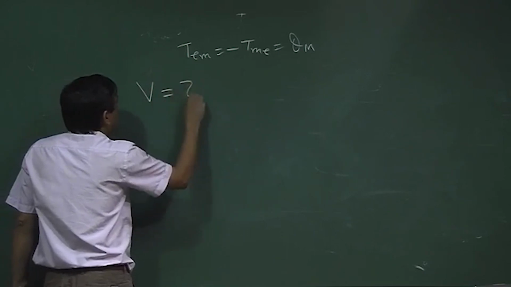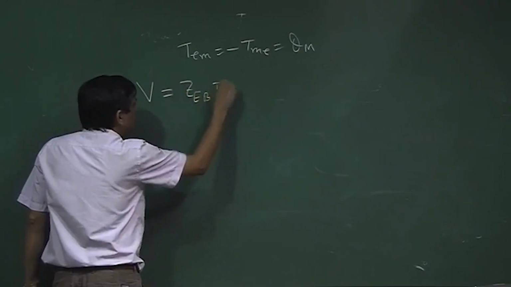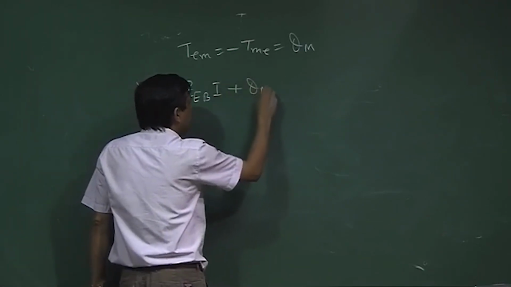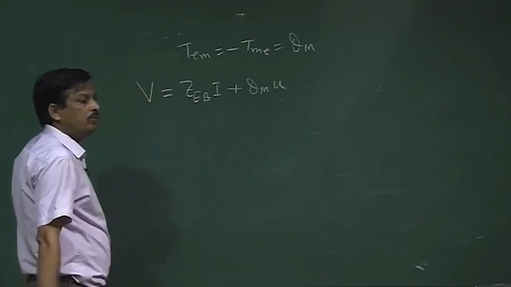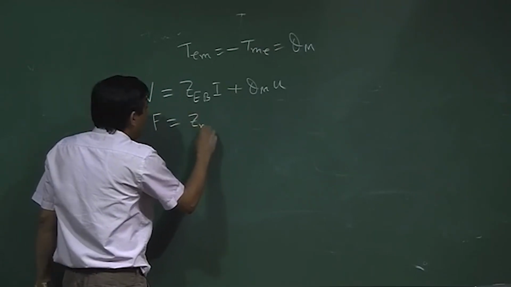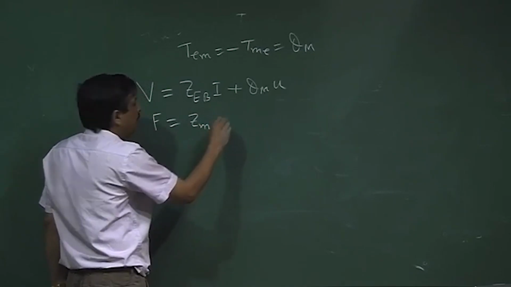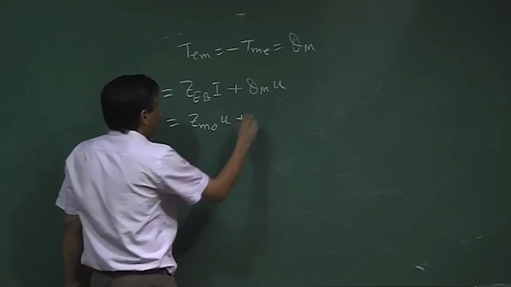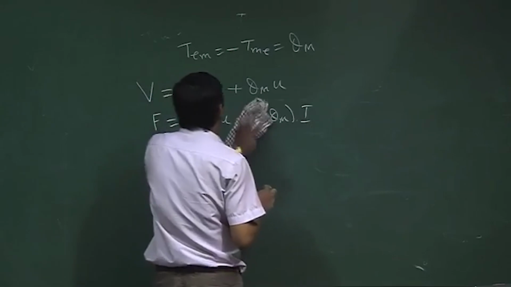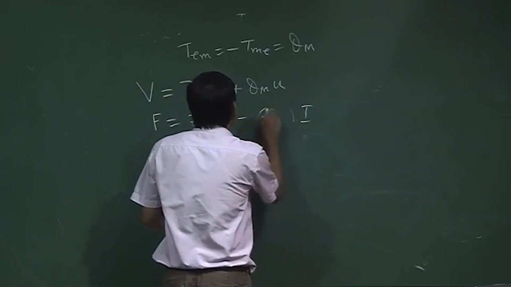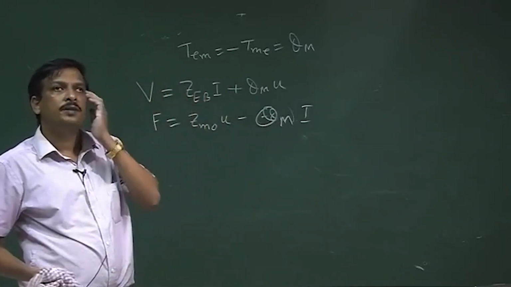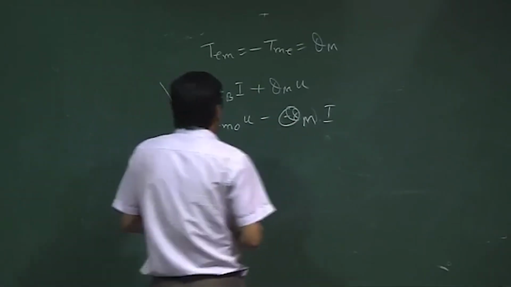V is equal to ZdV into I plus phi m into U. Similarly, force is equal to ZMO into U plus minus phi m into I, or I can write this as minus phi m I. Okay. So, this is the equation.